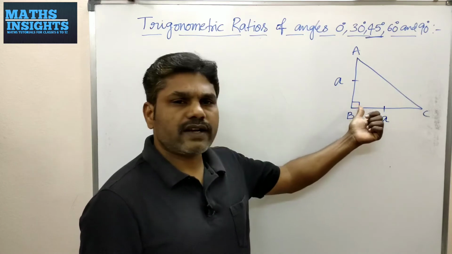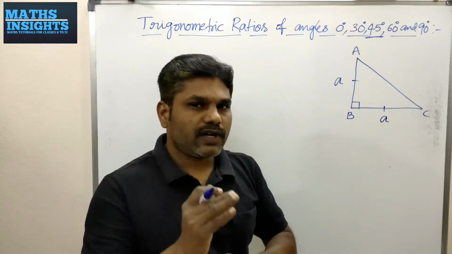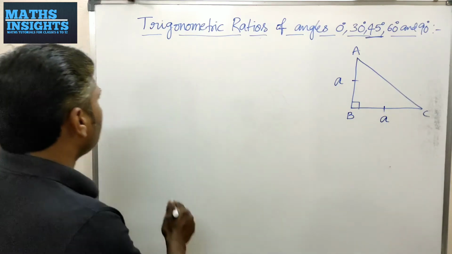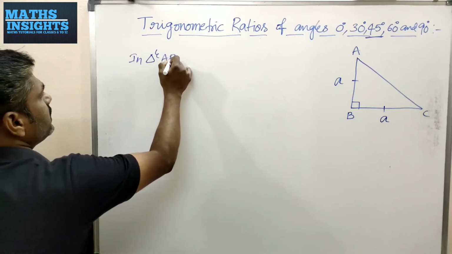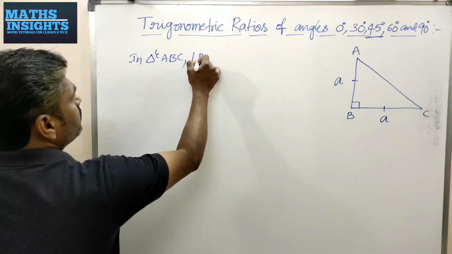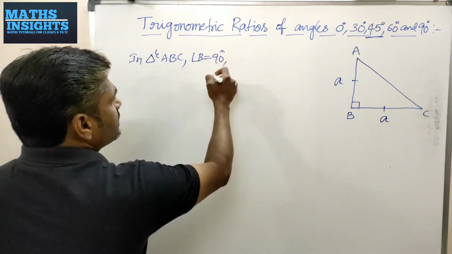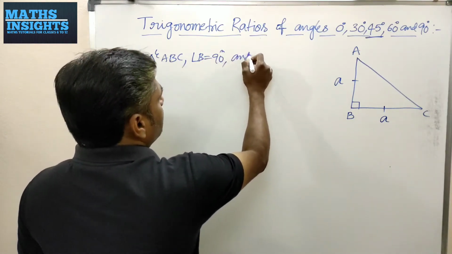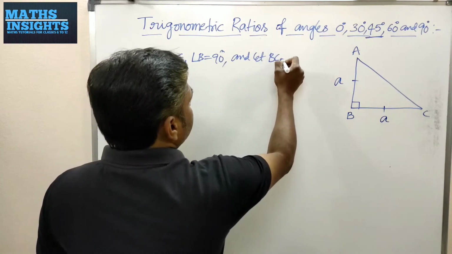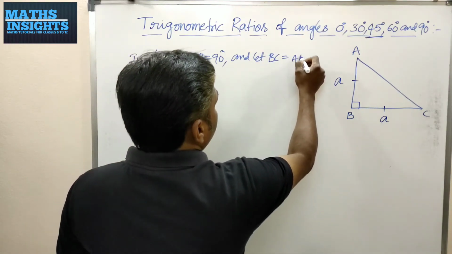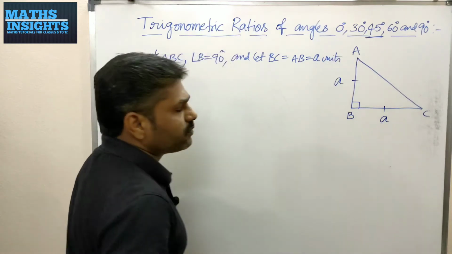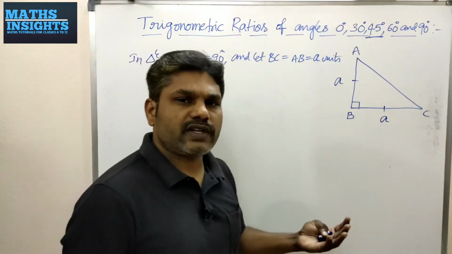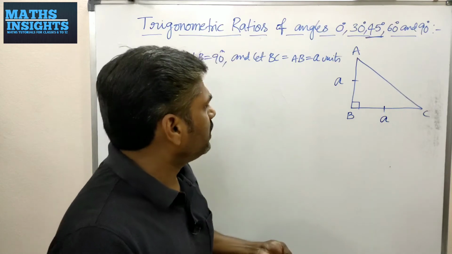Since this is a right angle triangle, you can apply the Pythagoras theorem. Therefore, in triangle ABC, angle B is equal to 90 degrees and let BC equal AB equal A units. These units may be centimeters or meters, whatever it may be.